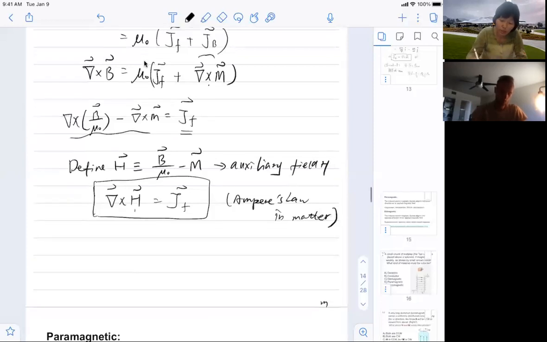Again, we will discuss the type of material that's easy to calculate. If you have a material that responds to your external magnetic field in a certain way, and we can describe the magnetization, we can calculate the H field and the B field. So here again, we will deal with linear materials.